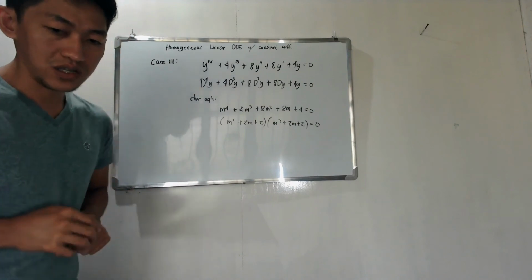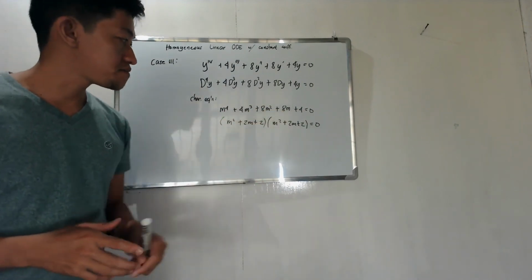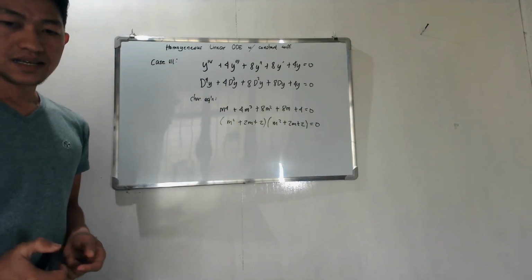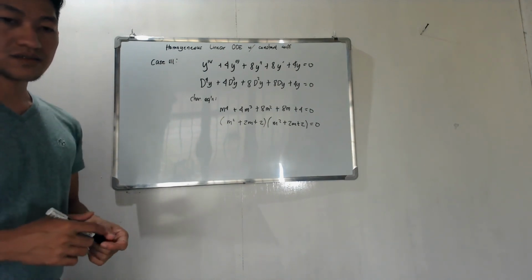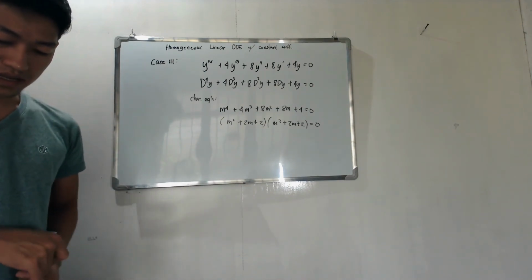Okay, if you multiply this, you will get this one. Okay, so review your factoring.